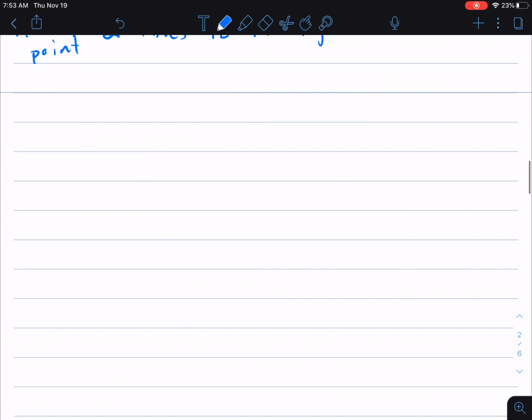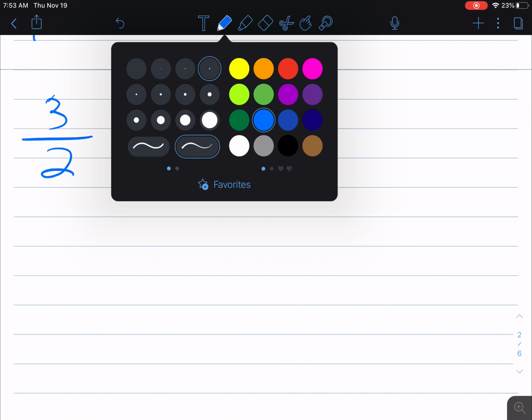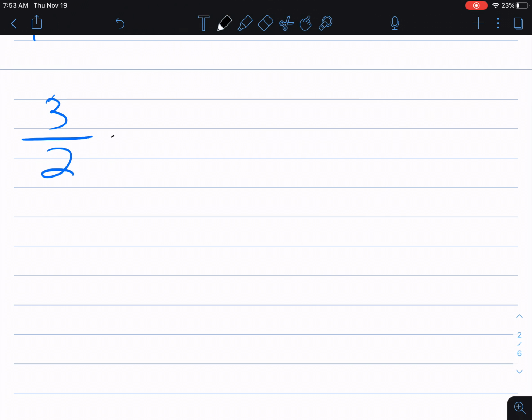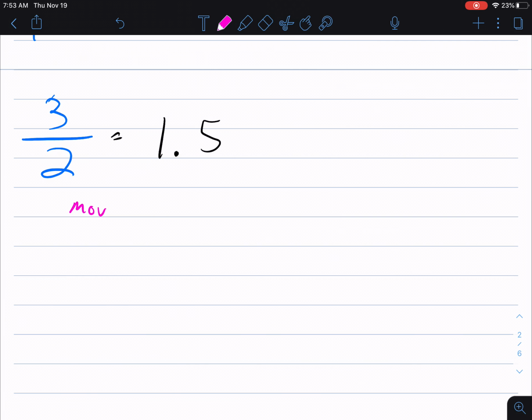Let's do another one. 3 over 2. Remember, our answer was 1.5. In here, move the point. Muevan el punto. 2 times to the right. Muevan el punto 2 veces a la derecha.